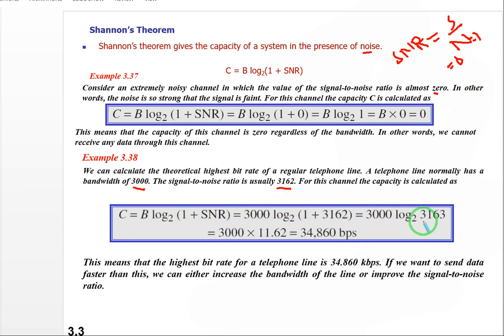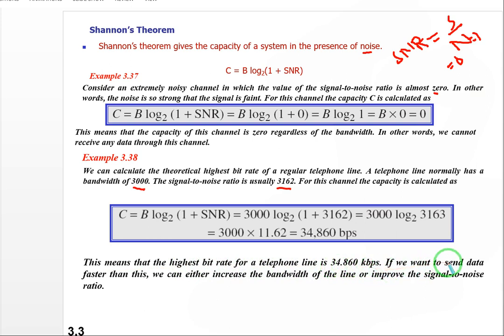Just take a calculator and simplify it, so your capacity is going to be 34,860 bits per second.